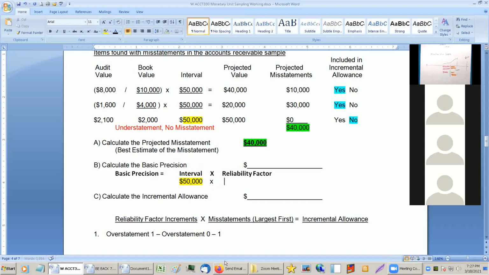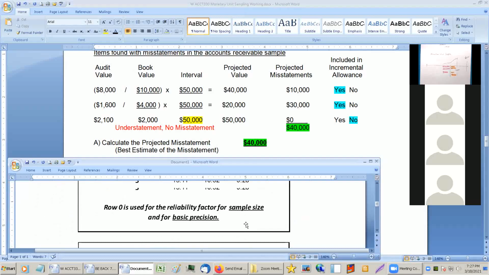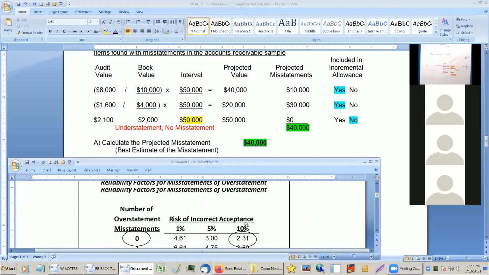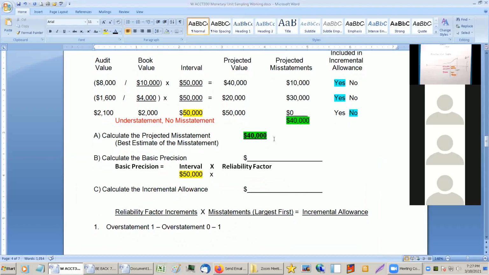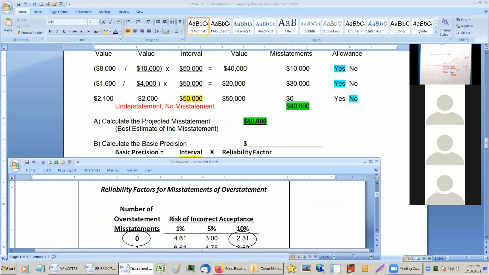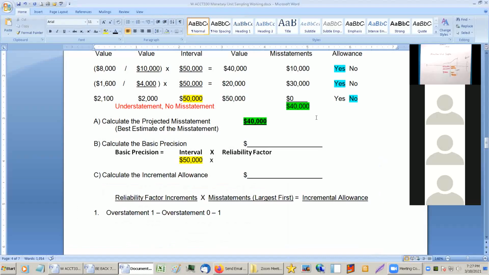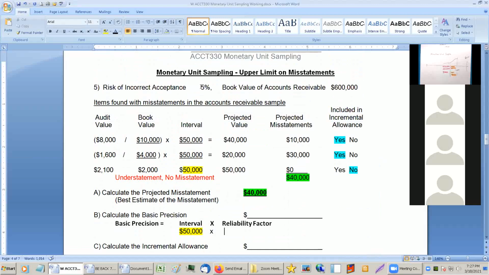Times our reliability factor, and that is, oops, up here. So our reliability factor now, was it 5%? We're looking at the third one, right? So that'll be 7 times 6.